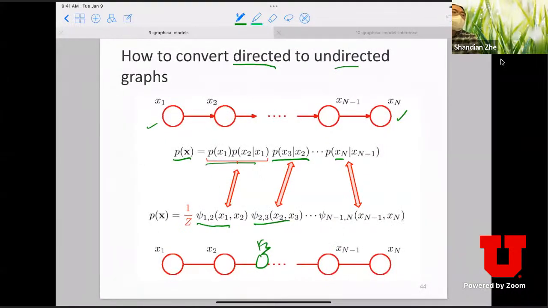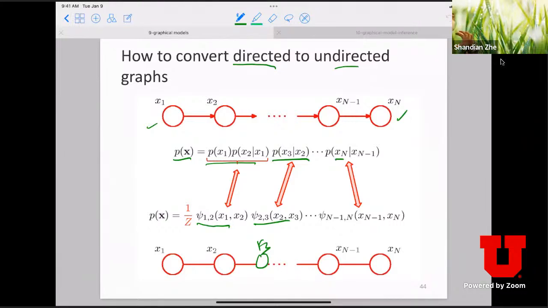First, I think that it means we can convert any undirected to directed and vice versa. But we don't mention that it's not defined. Every Bayesian network can be represented by a Markov field. You can convert any directed graph model to an undirected graph model, that's for sure.